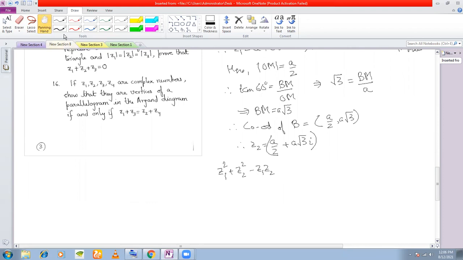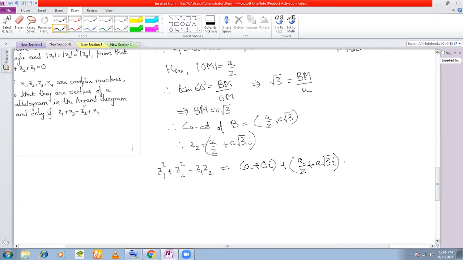Z1 square plus Z2 square minus Z1 Z2 is equal to, put the value of Z1. Z1 here is a plus 0i, and Z2 above is a by 2 plus a root 3i, minus Z1, a plus 0i, into Z2, a by 2 plus a root 3i.